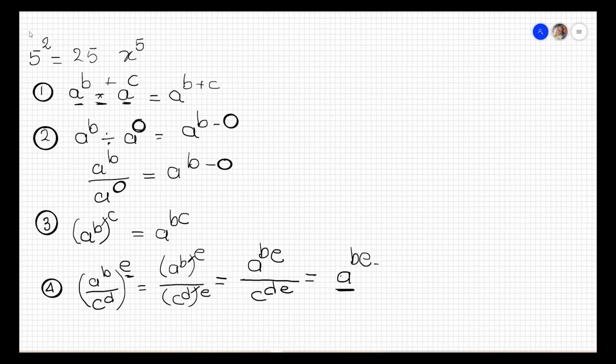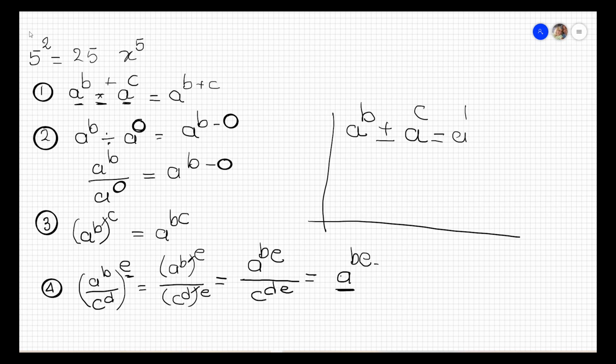So let us ask another question in this part. What if we have a to the power of b plus or minus a to the power of c? Just notice here there is plus or minus. In this case it will remain the same because we don't have multiplication or division. Just take care about this one.